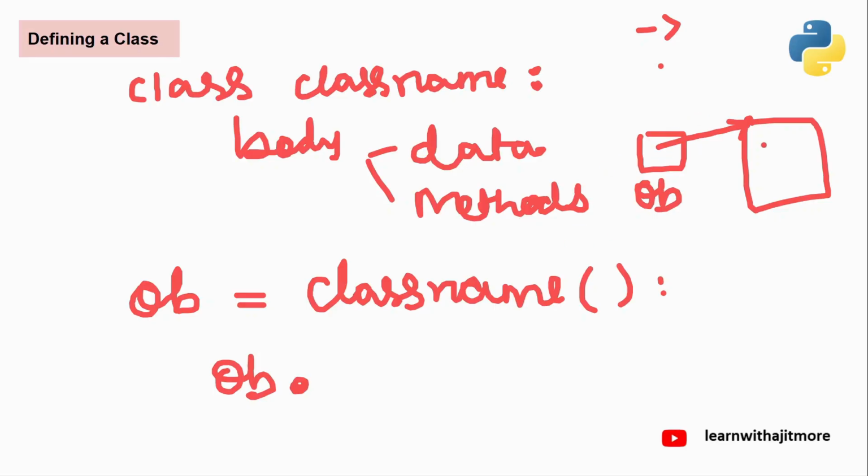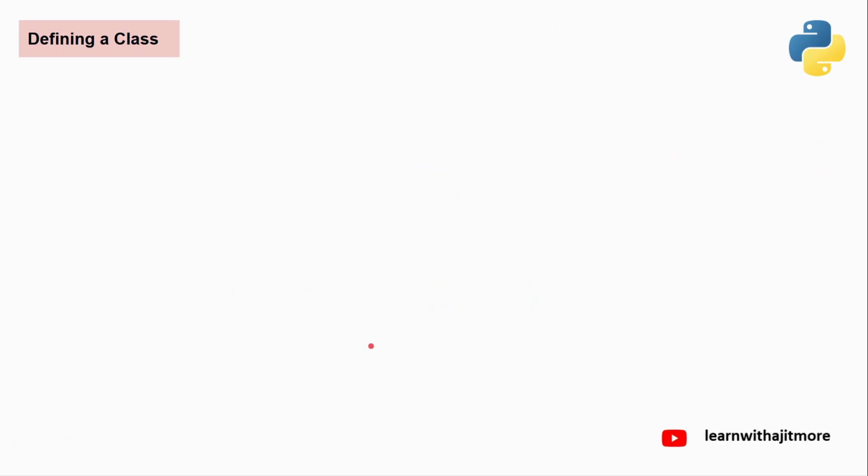If you're accessing via pointer, then we use arrow. If you're accessing via name, we use dot. Then if it is static, we have to use colon colon. So no such confusion like C++. Here, all the members you access using dot, OB dot, then the data or the functions. Okay? I'll give you examples, don't worry.